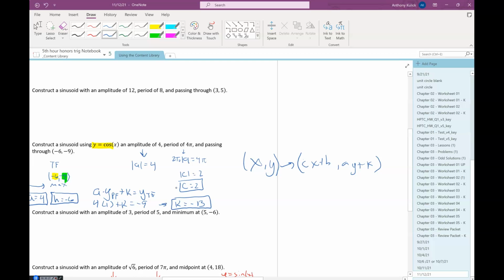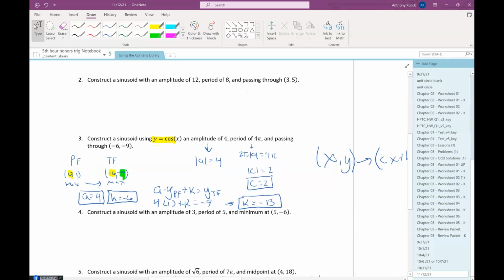And that's what you do every time if you chose a cosine when you probably should have chosen a sine: you'll end up having to solve this equation for either x or y, depending on which one you need. And if it's for h, then you just do cx plus h. Yes, exactly.